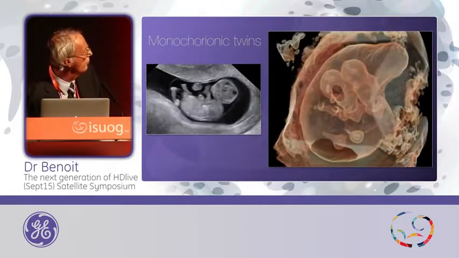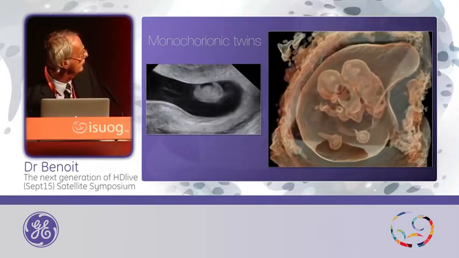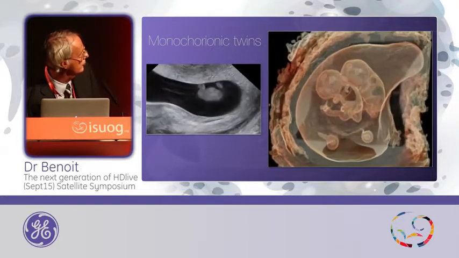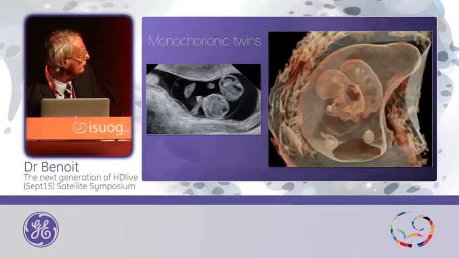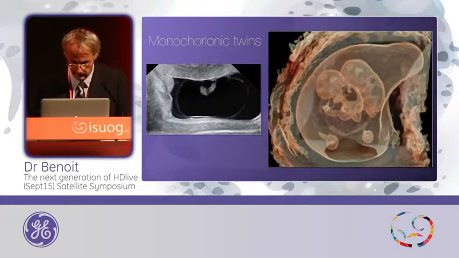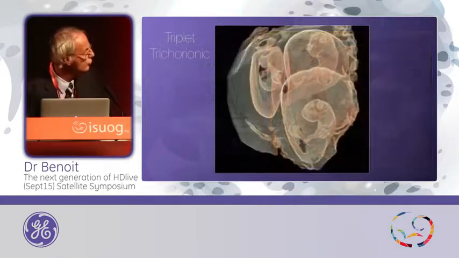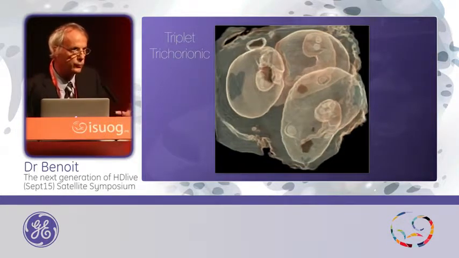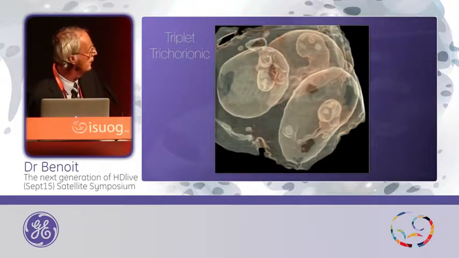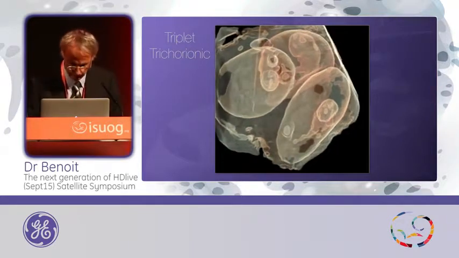And also it was monoamniotic twins, and you can clearly see here the two embryos, with two yolk sacs. Triplets, it's really difficult to give a 3D picture of triplets, but in this case, if you play with this silhouette, this transparency, you can obtain this.